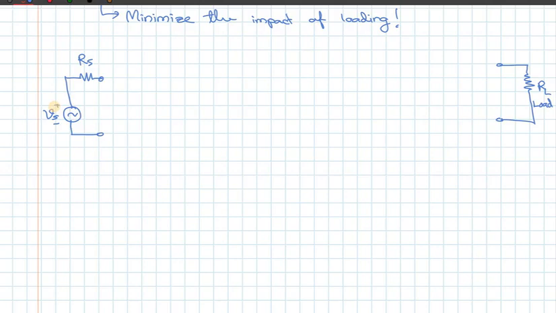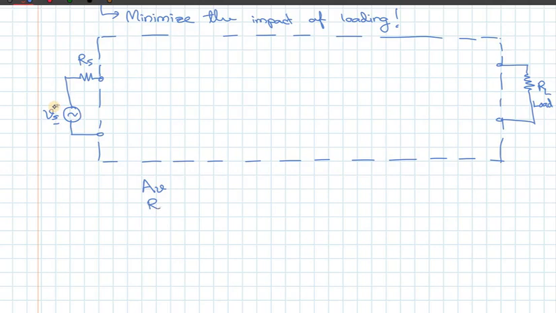Now what matters is what is in between these two. The total amplifier should be a block like this, which should have certain properties, say for example voltage gain, input impedance and output impedance. These may be some requirements, and these requirements may not be achievable using a single stage. So what we do is put multiple stages.